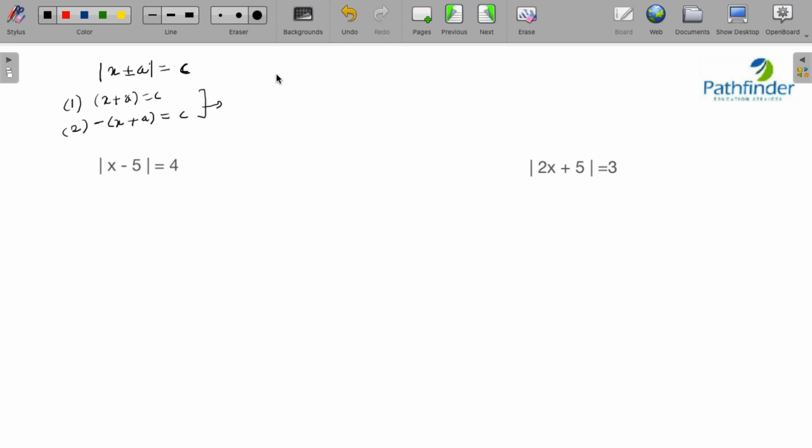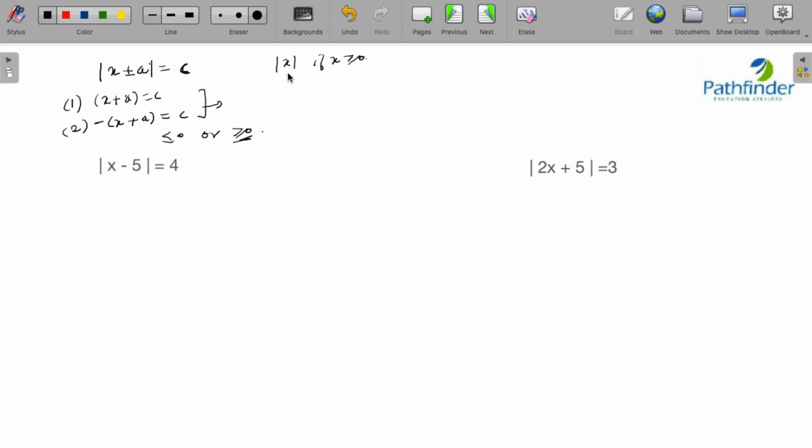For example, if I have an equation like mod of x minus 5 is equal to 4. So the quantity inside the mod can be less than 0 or greater than or equal to 0. This part is clear. So first let us say that the quantity inside the modulus operator is greater than or equal to 0. So what happens to the mod in that case?